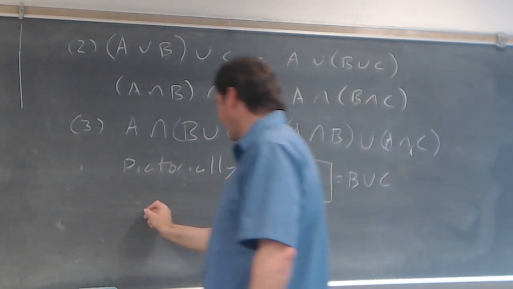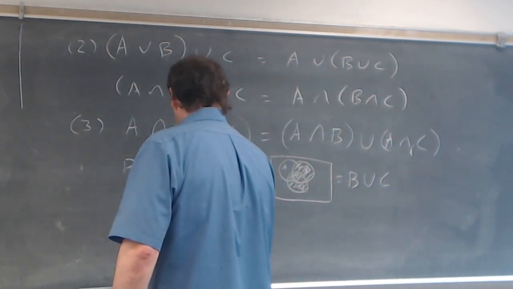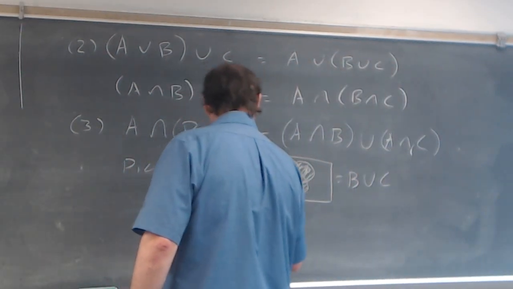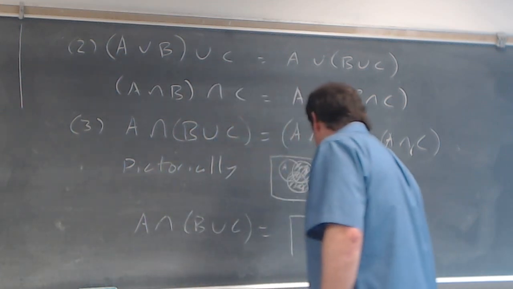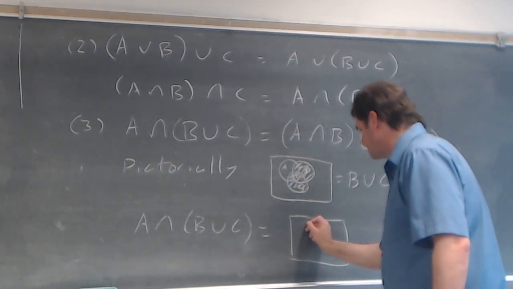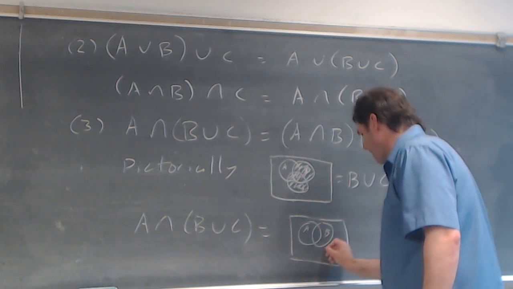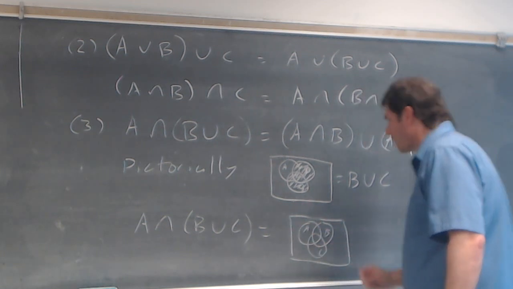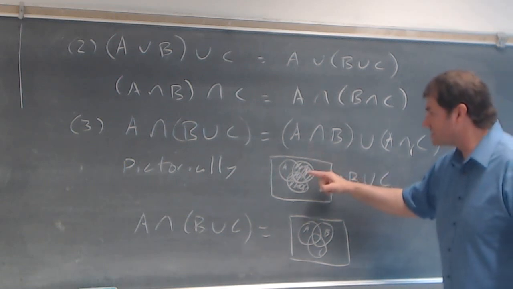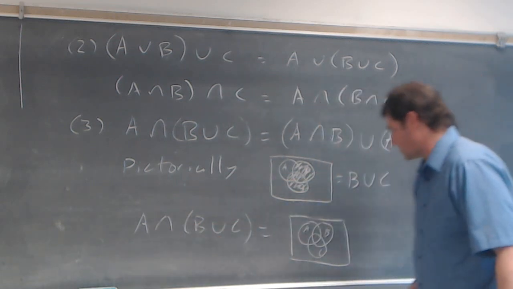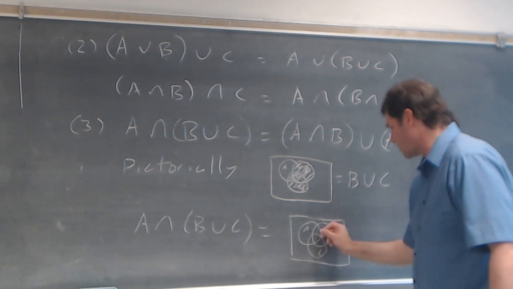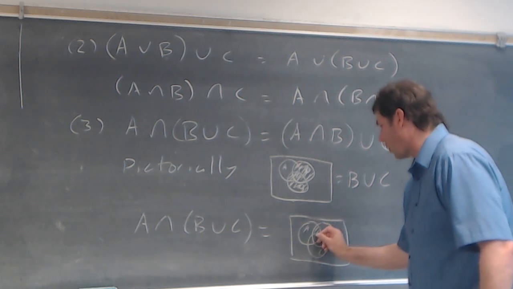And so now, A intersect B union C. I look at this picture, and I see what it has in common, that's what intersection means, with A, and so what I get to highlight is this part.